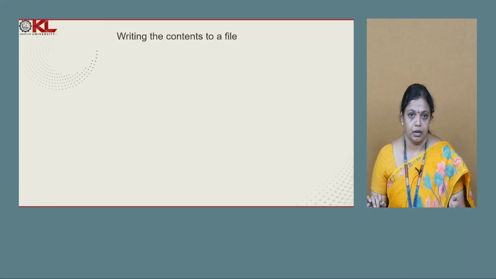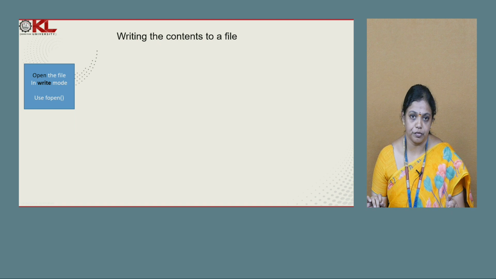Now, writing the contents to the file. Before I go with this, I would like you to see this. So these are the sequential steps that need to be followed. After you have opened a file, you need to write the contents into the file. So open the file in the write mode, using the fopen function.